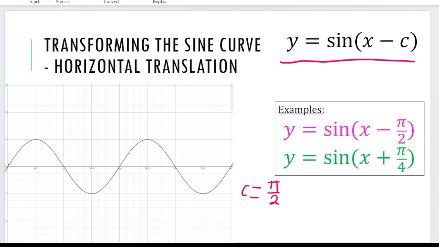So if we look at what's happening at 0, that is now going to move to pi on 2. If we look at what's happening at pi on 2, that's going to move across to pi because that's the same amount of movement. And then once you get to this point, you can basically just continue to imagine that it's shifting across by that amount.